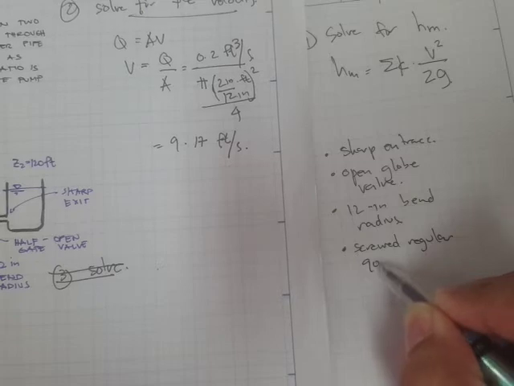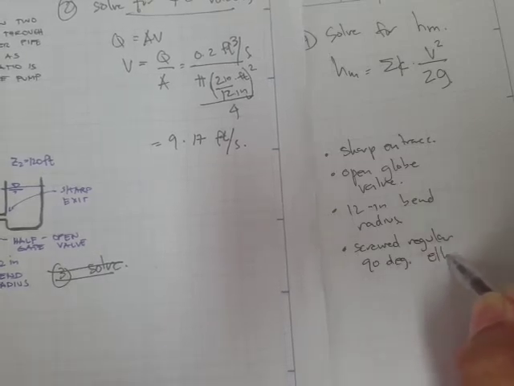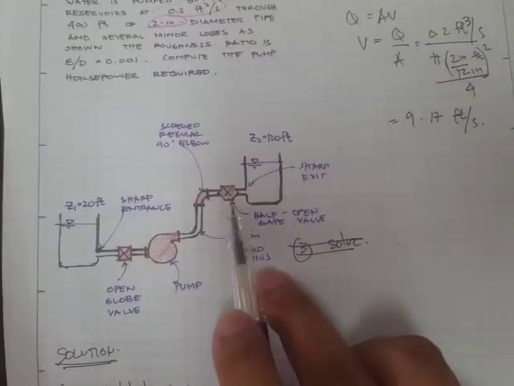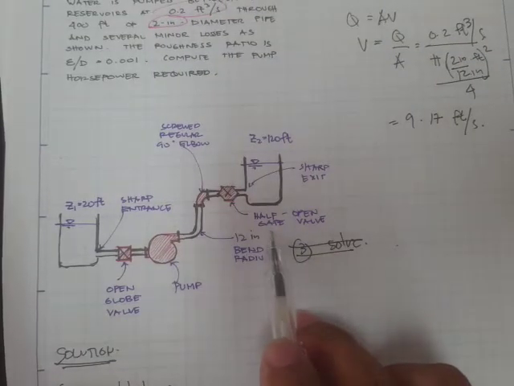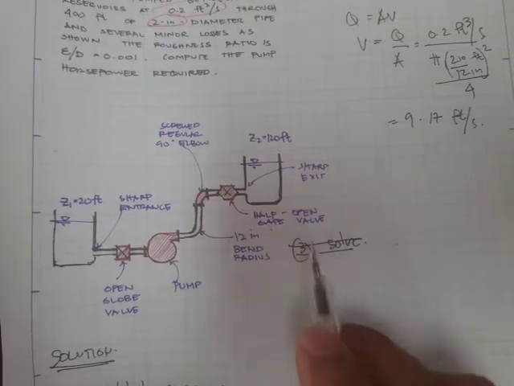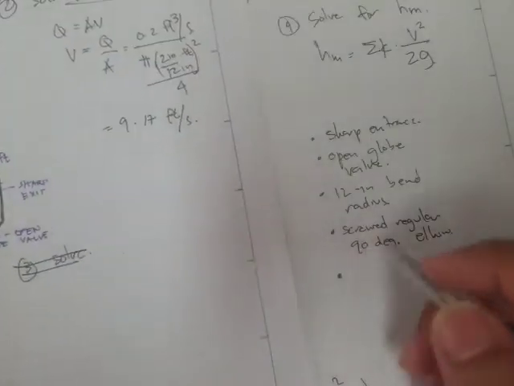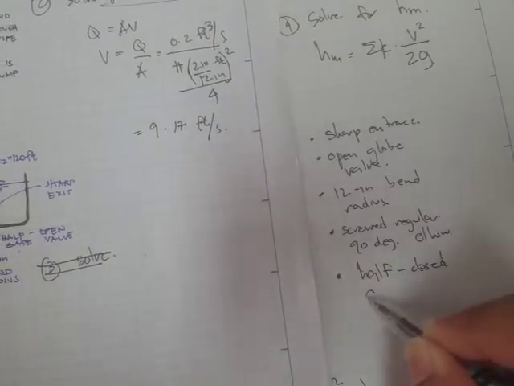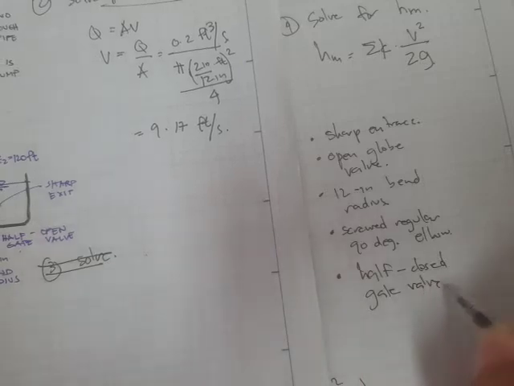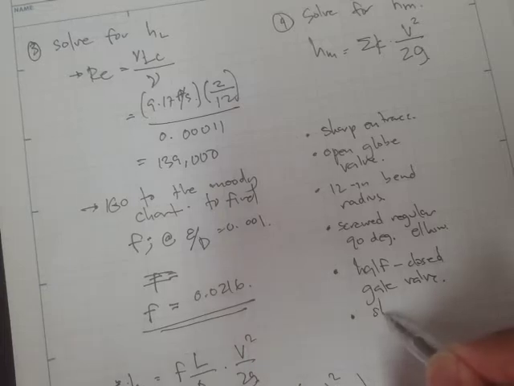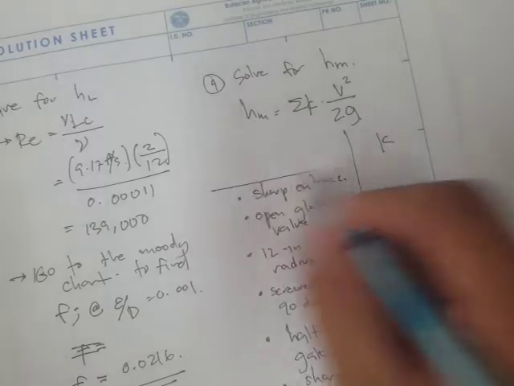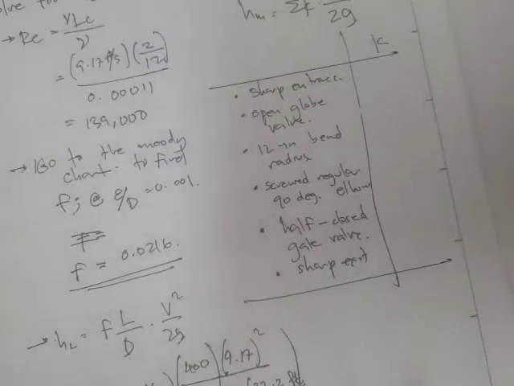And then after that we have a half closed gate valve, or half open, right? And the last one would be the sharp exit. Okay, so what are the K values of these valves and fittings?